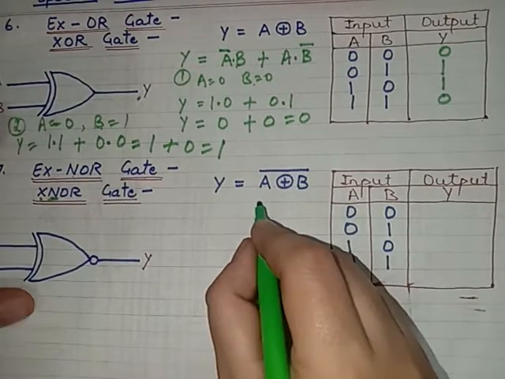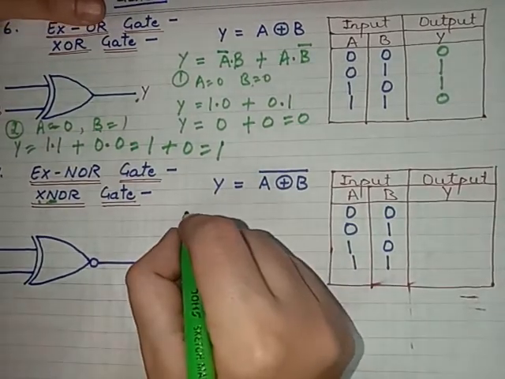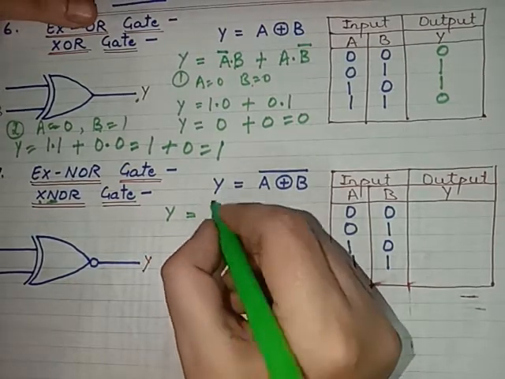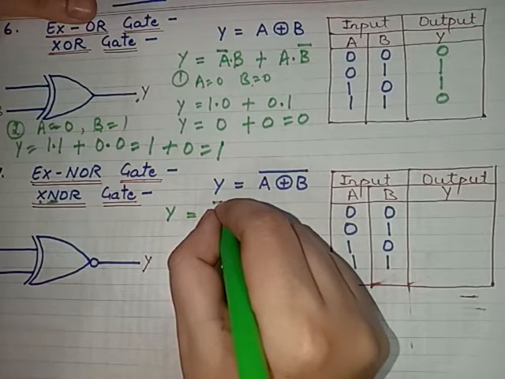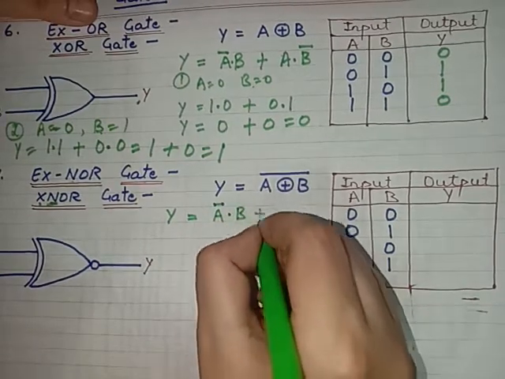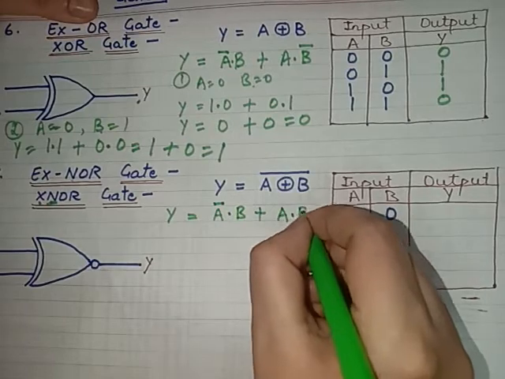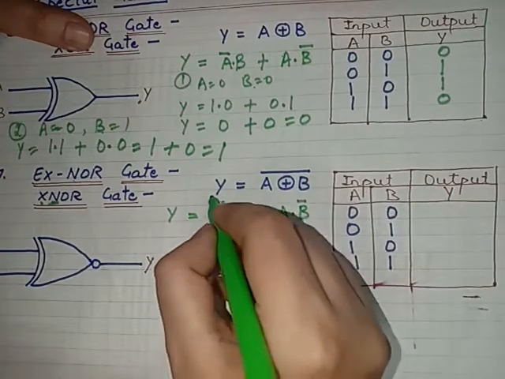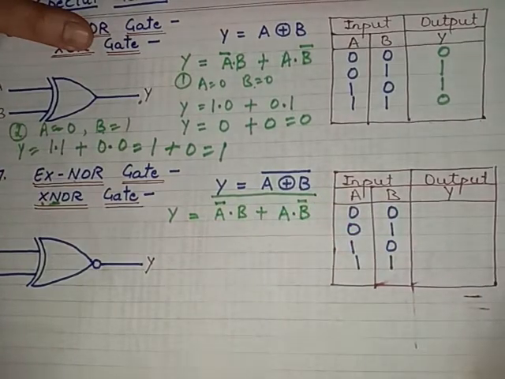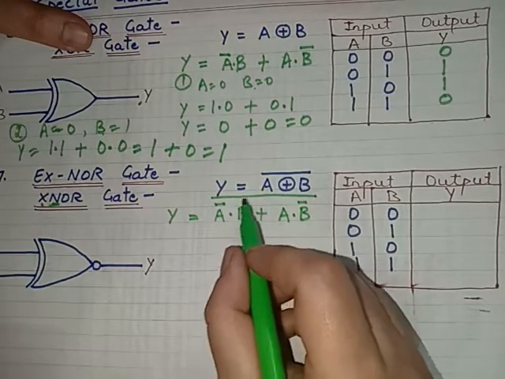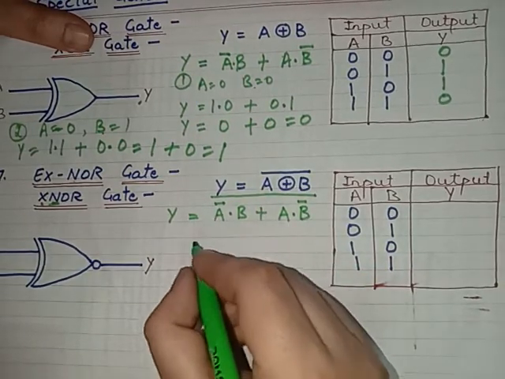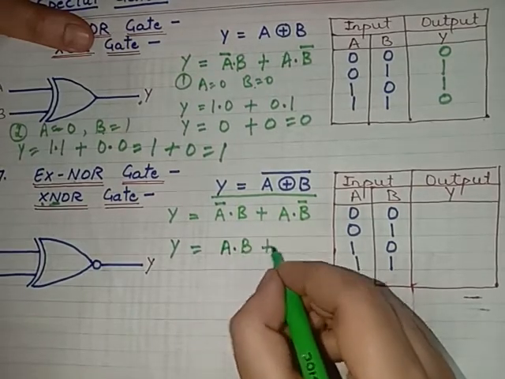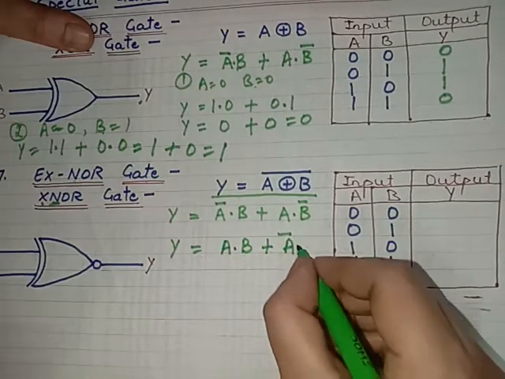If you want to elaborate this formula, that will be Y is equal to the whole bar of (A bar into B plus A into B bar). Now you have to simplify this formula, and after simplification you will get A B plus A bar into B bar.